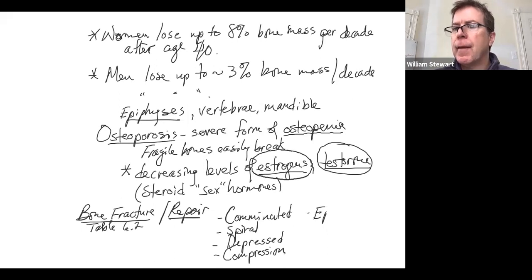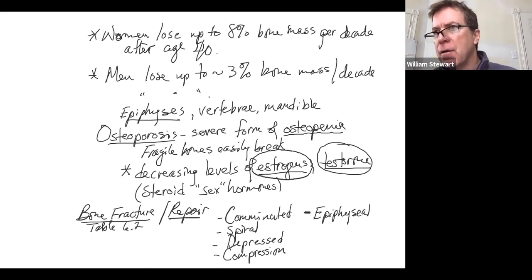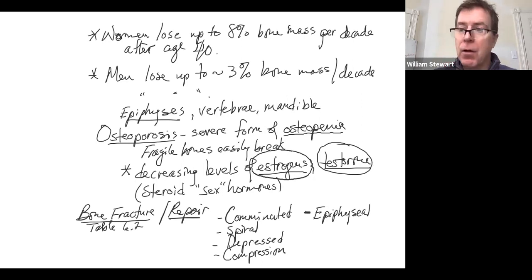Epiphyseal, you can guess what that's going to do. This one's actually almost a dislocation. They consider it a fracture, but it's almost a dislocation. It's at that growth plate area in long bones. And finally, greenstick, which is most common in very young people, adolescents, children.